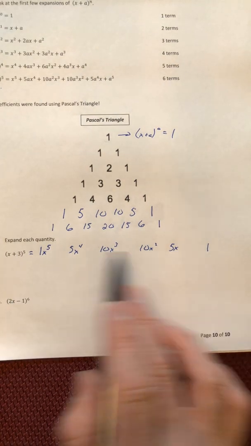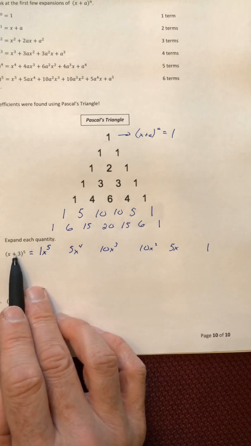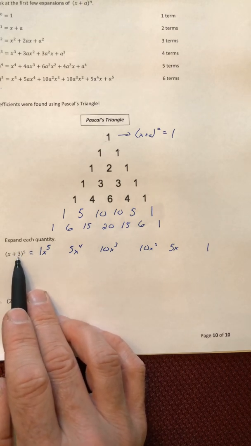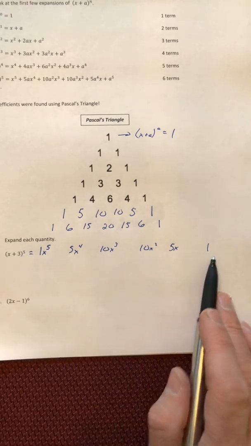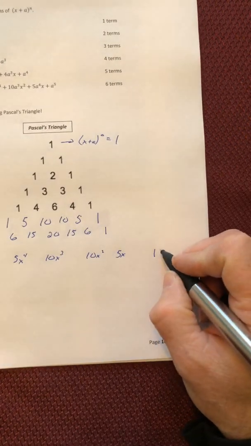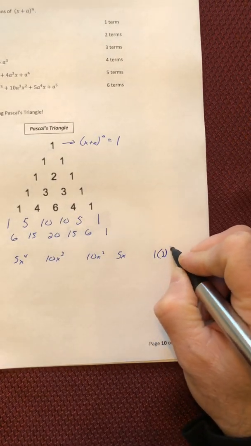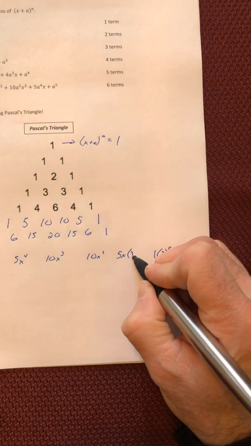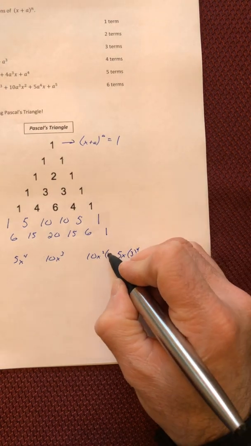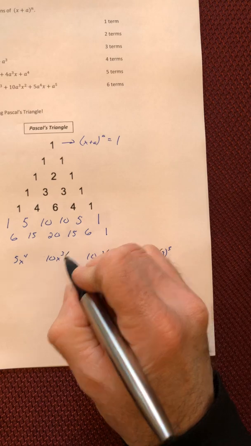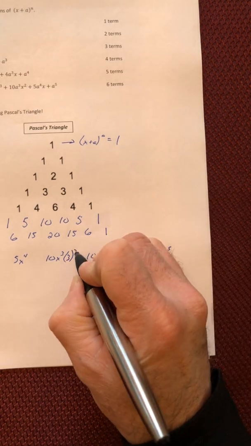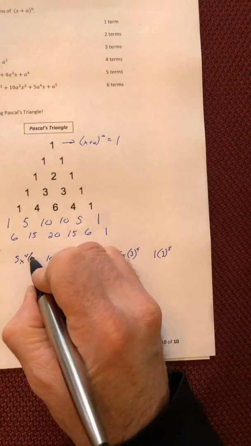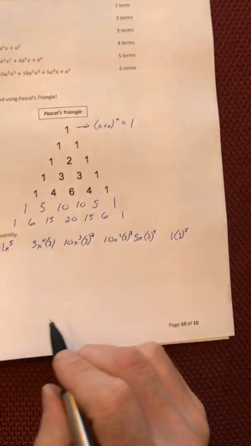Once you get that completed, take the second term in the parentheses and do the same thing. Raise it to the power that's out here, but work your way backwards, from right to left. So that would be 3 to the 5th, 3 to the 4th, 3 to the 3rd, 3 squared, 3 to the first, and then no 3.